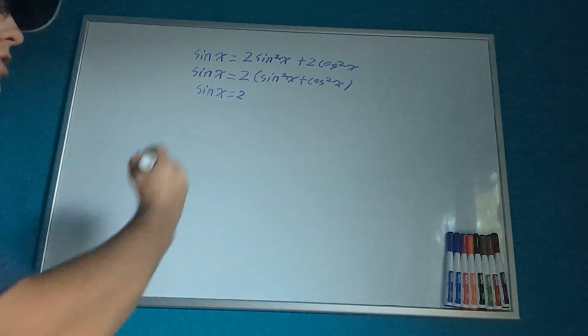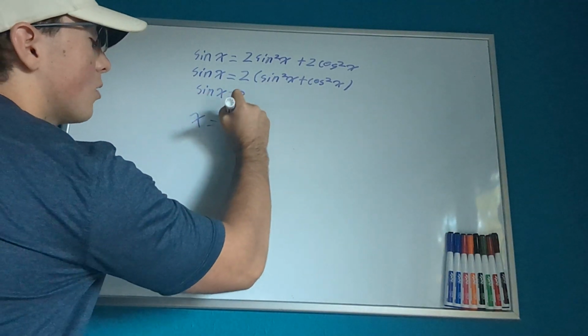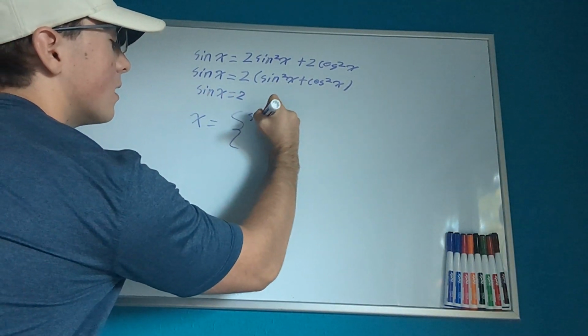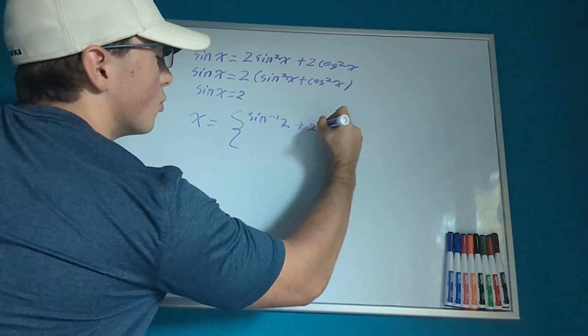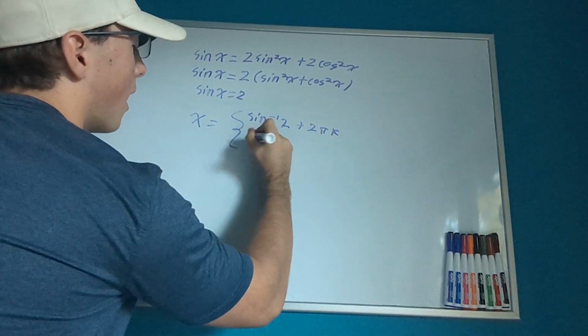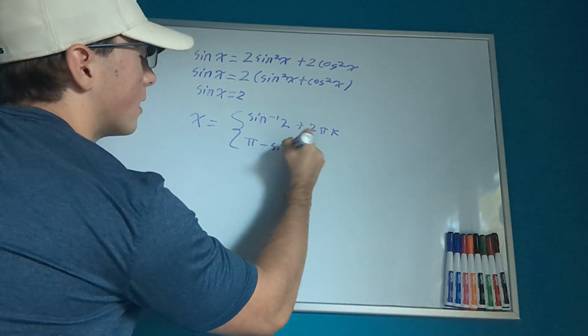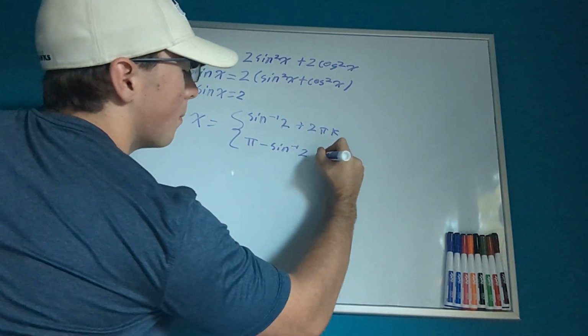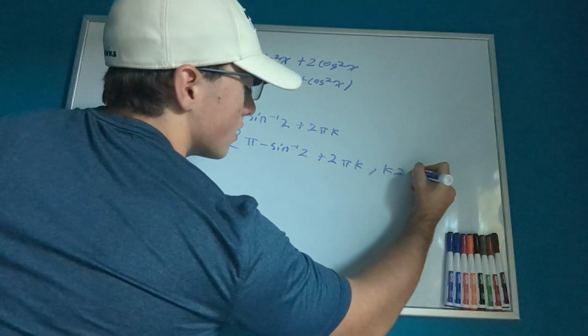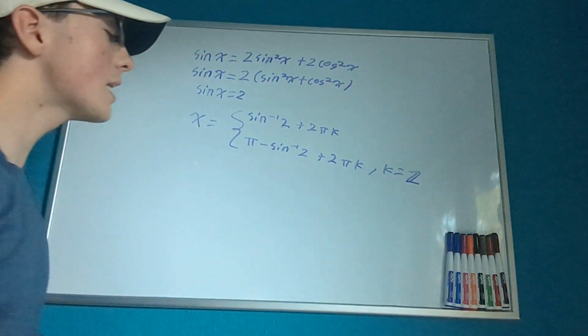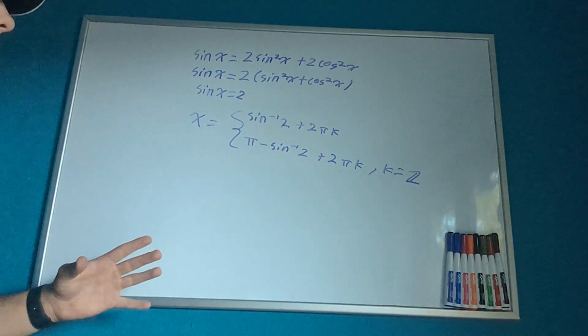Now, we try to solve it like we did before, and we get x equals sine inverse of 2 plus 2 pi k, and we get pi minus sine inverse of 2 plus 2 pi k, where k equals the integers, right? Except we have a problem here.